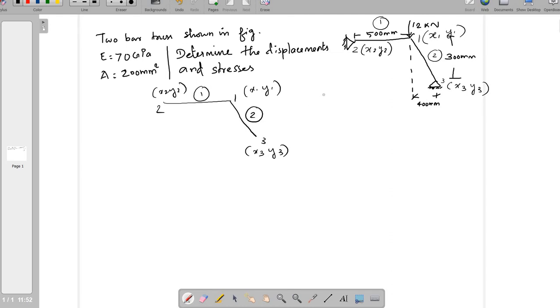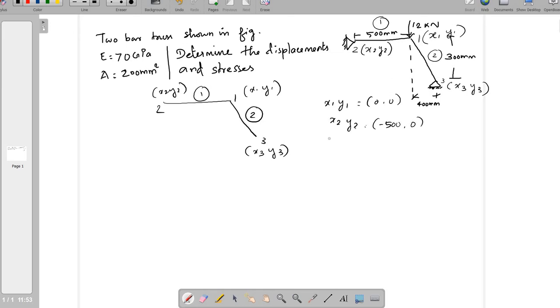So now the coordinates x1, y1 I am keeping 0, 0, x2, y2. So this is the second node. So it is in the negative direction of x. So it is minus 500. And also it is in the line of 0th coordinate of y.